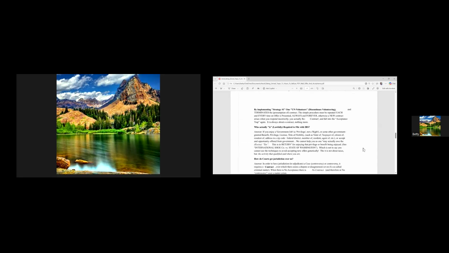So this is important right here. By implementing strategy number 1, which is return to sender, which is on top of this paper document, you discontinue volunteering, okay? It terminates the presumption of contract.